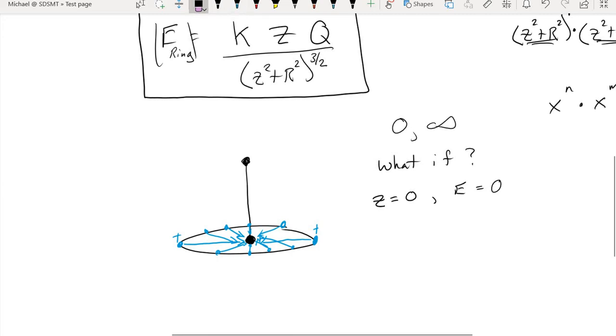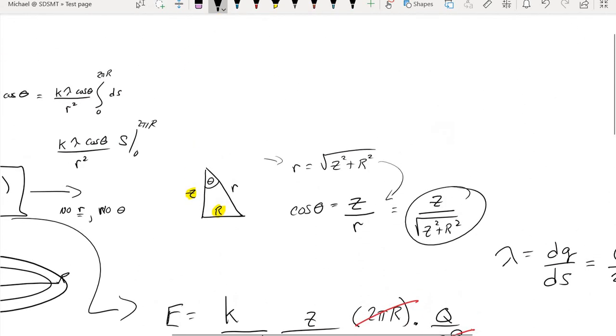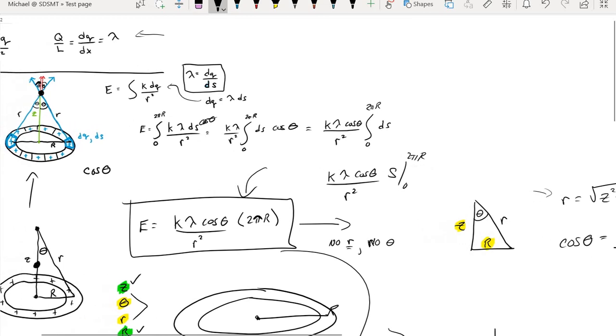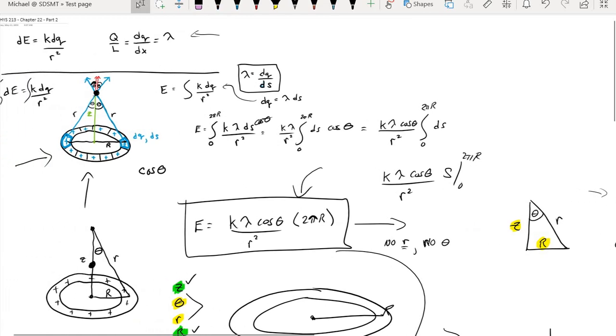Okay, so next, let's try taking z to infinity. So let's take our point P, and we'll move it way far away to infinity. And what are we going to get for an electric field line? Well, up above, if you'll remember, we kind of mentioned that. We said, what would happen if we got really far away from the ring?